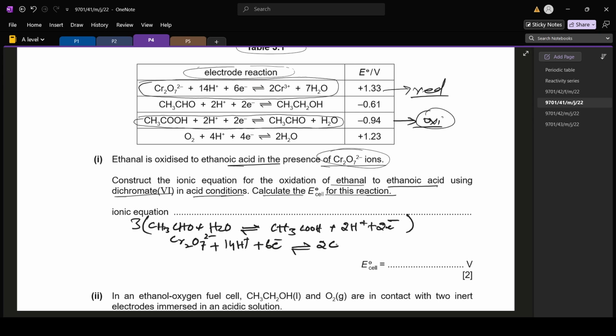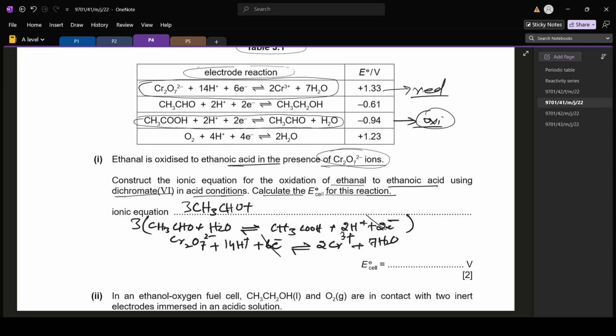This becomes 2 Cr3+ plus 7 moles of water. After multiplying by 3 you cancel out the electrons, so what are you left with? 3 moles of ethanol plus water: there are 3 moles of water on one side and 7 moles on the other.